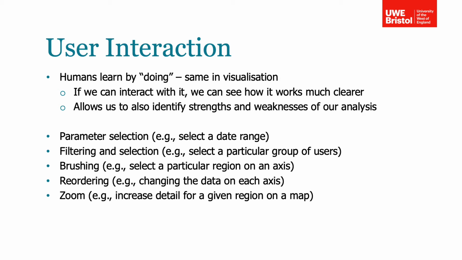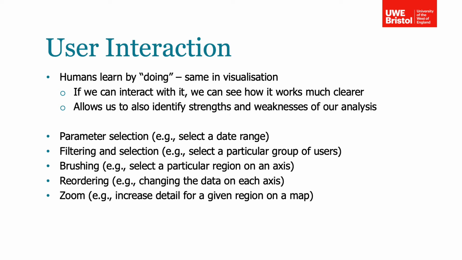User interaction. Humans learn by doing. It is the same in visualization. It allows users to examine how something works, and specifically, it allows us to assess the strengths and weaknesses in our analysis.